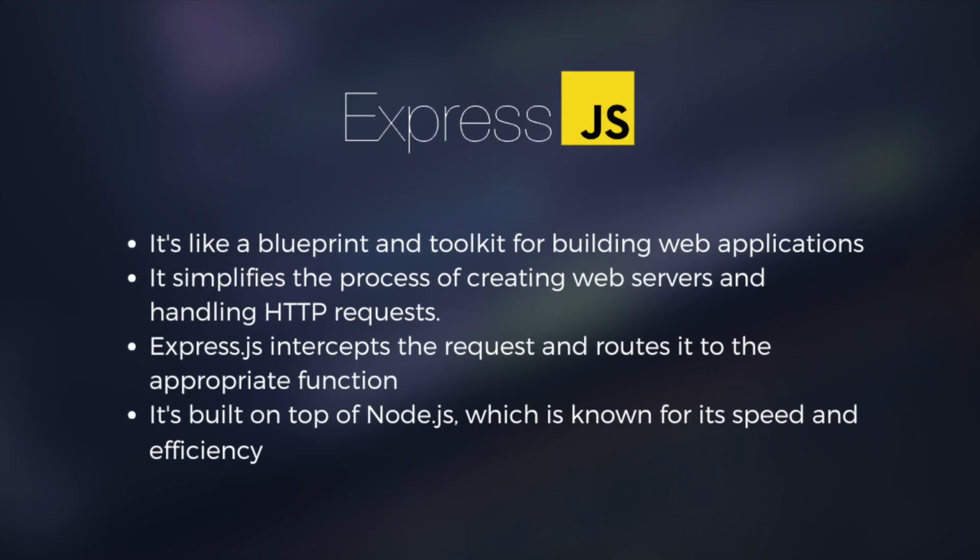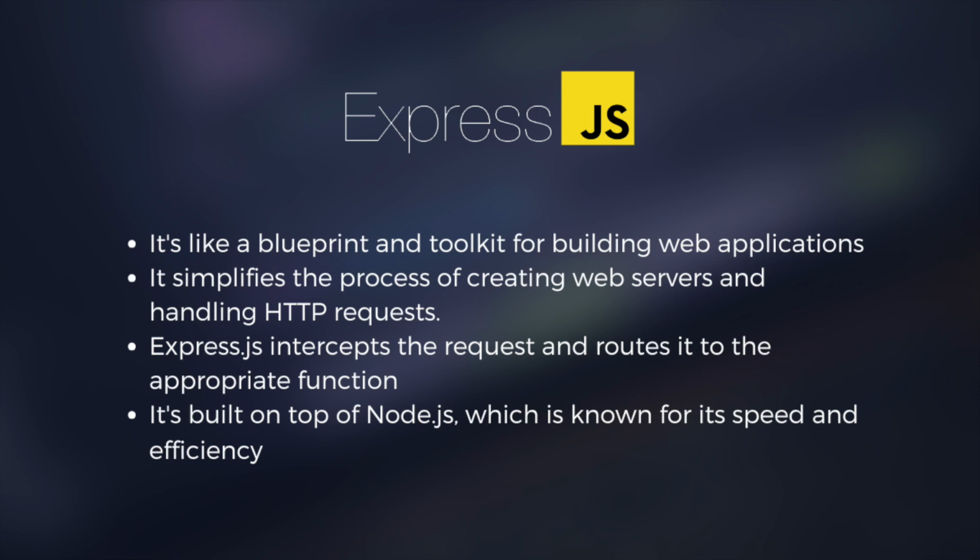Let's come to Express.js now. As we know, Express.js is a framework built on top of Node.js. It's like a blueprint and toolkit for building web applications. Here's the breakdown of what it does. It helps us to define different routes and paths within our application. It also handles the request.